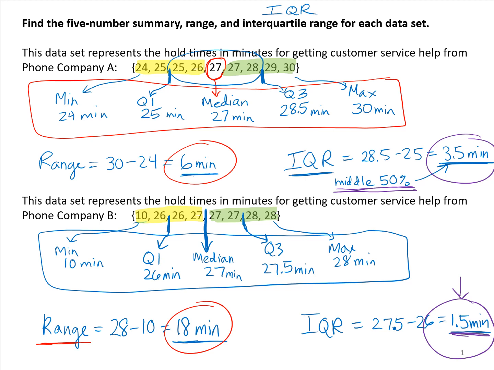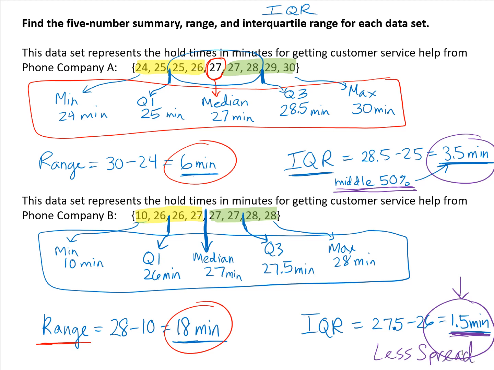The middle 50% of the data is all within 1.5 minutes of each other in terms of hold times. So the IQR for phone company B is tighter, and that means that the data is less spread out, at least in the middle 50% of the data.